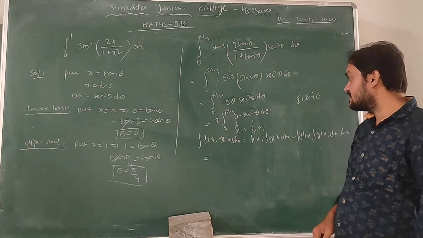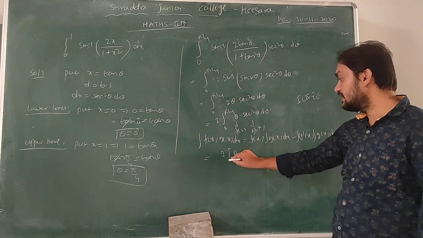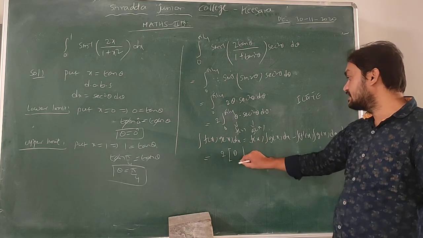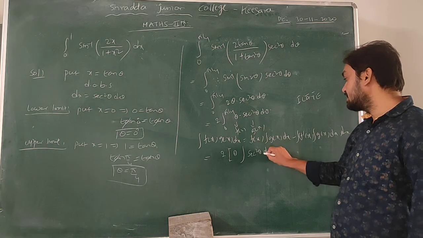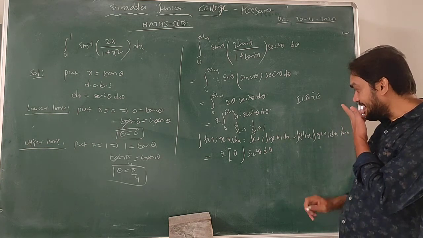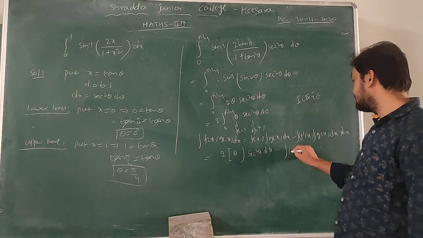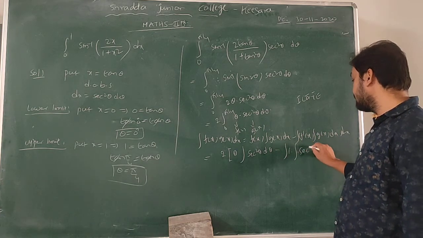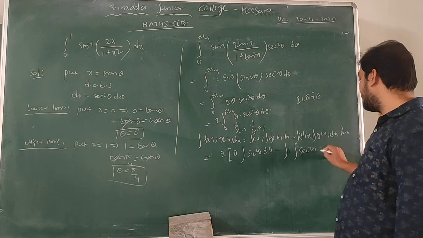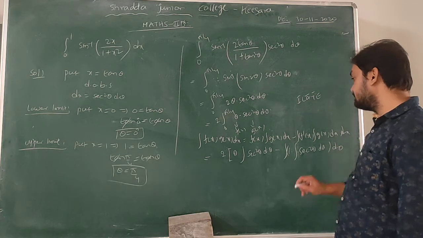So f of x is theta, g of x is secant square theta d theta, minus integration, f dash of x is 1, integration g of x is secant square theta d theta, whole d theta.